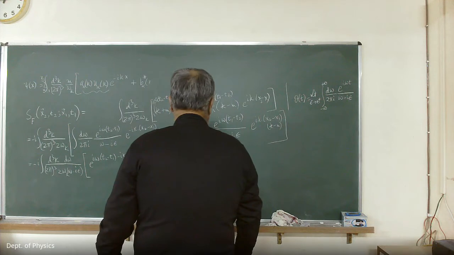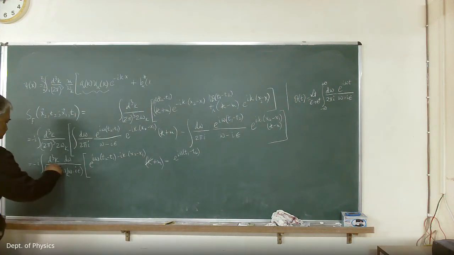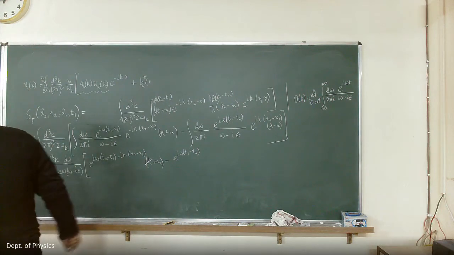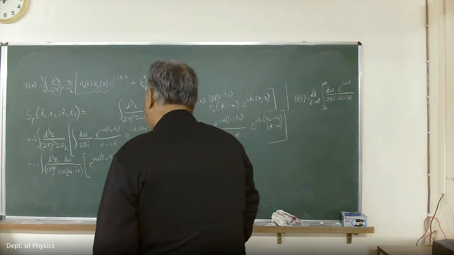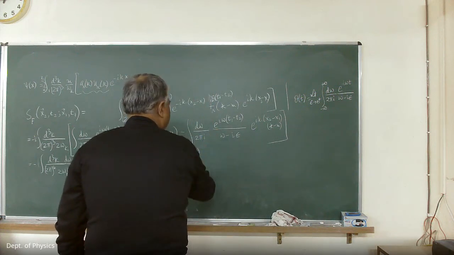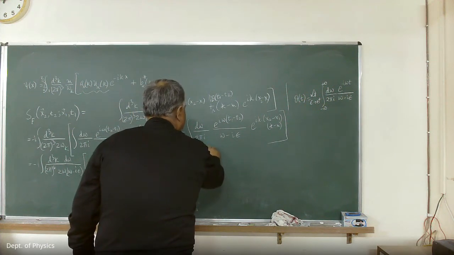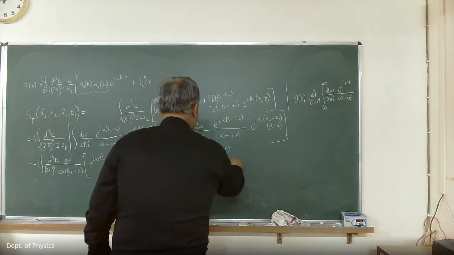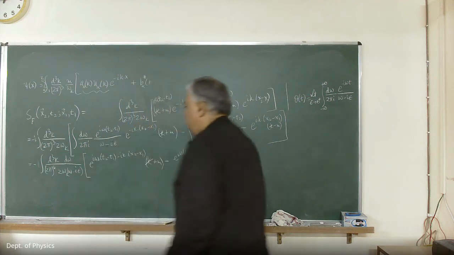The 2 pi i have mixed, so it will become 2 pi to the power 4 actually. The i in the denominator will cancel, so it will become minus. And omega minus epsilon, right? Plus i k dot x2 minus x1, k slash minus m.